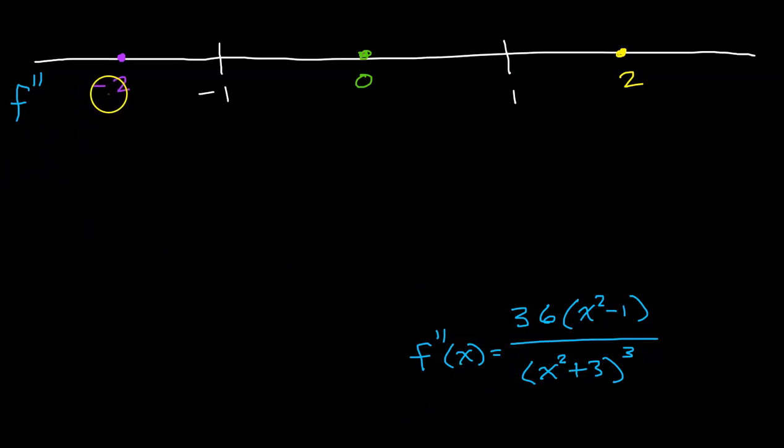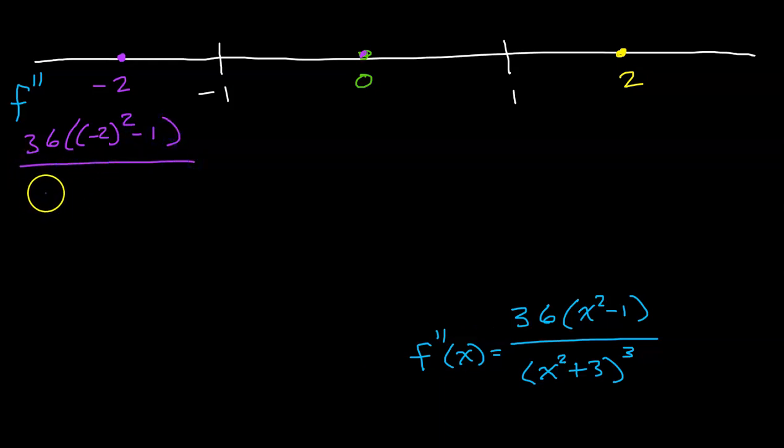So let's evaluate at -2. We will have 36 times ((-2) squared minus 1) over ((-2) squared plus 3) cubed.